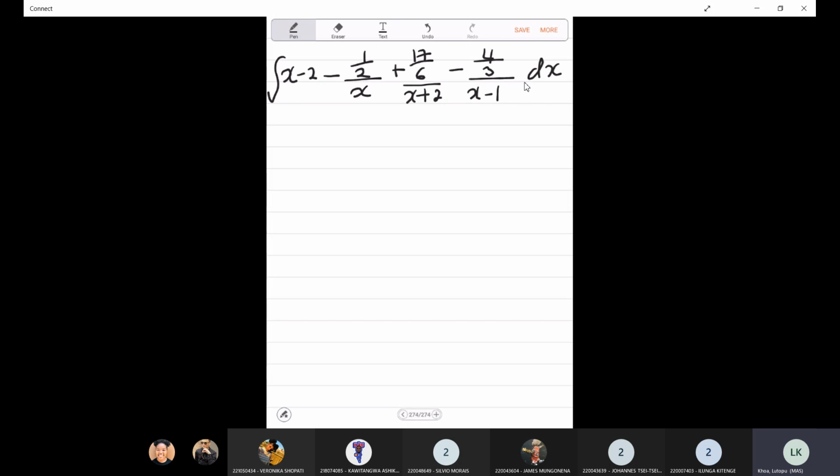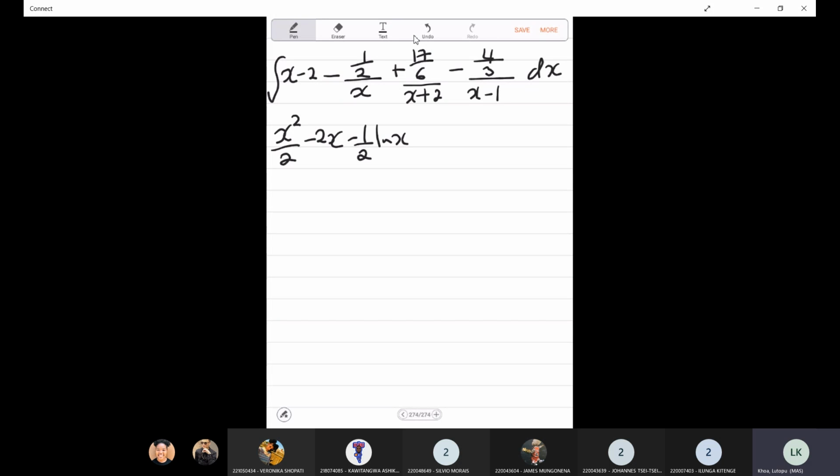Then we can integrate all of these without any problems. The integral of x is x squared over 2. The integral of -2 is -2x. And here the half can go outside. So this is -1/2 ln of x.